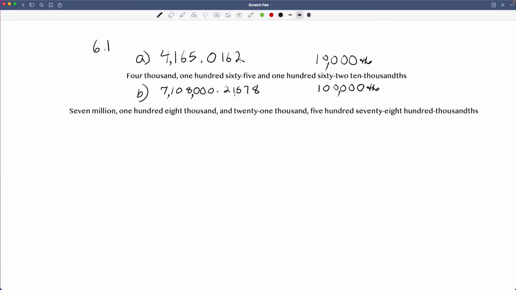Because 1, 2, 3, 4, with TH on the end. Okay, and then for B, 7,108,000, and here's the decimal. And we skipped all of this because there's just zeros. There's zeros, you just skip it, right? And 21,000, and we really shouldn't have that comma right there. But if you imagine it's there, it helps you.